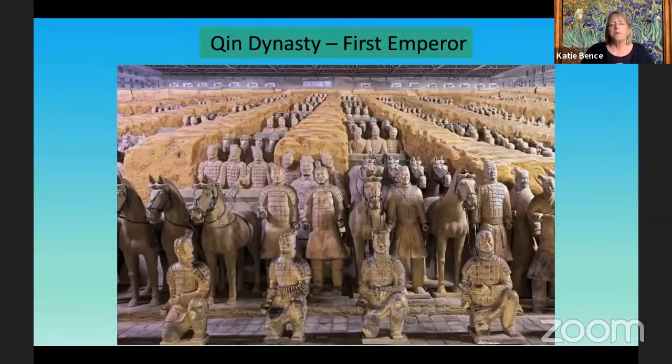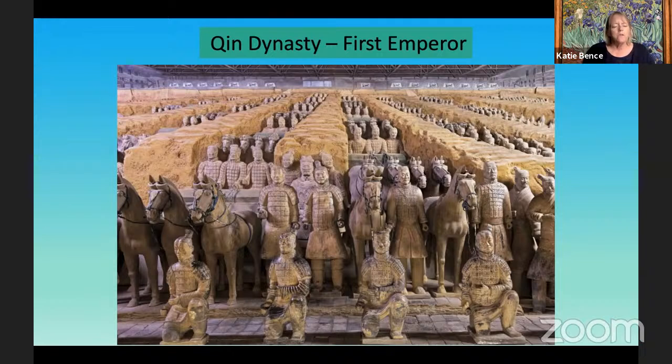So the first emperor that unified the bulk of China was Qin Shi Huangdi. The modern name of China derives from his name.